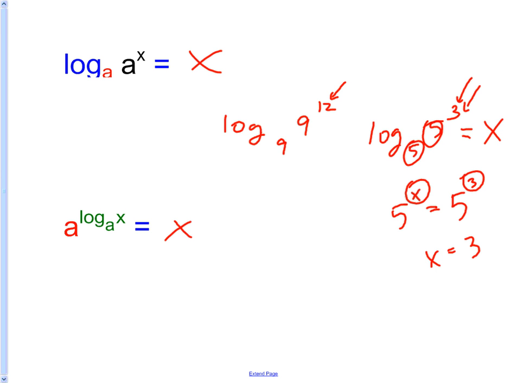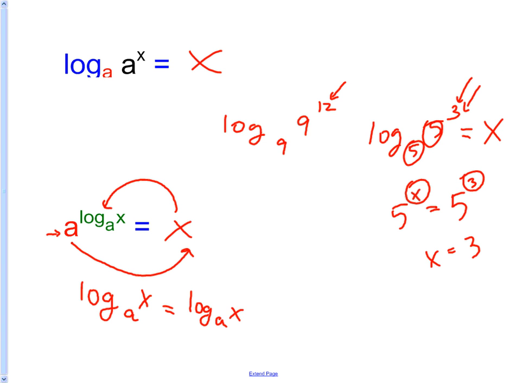And now, remember how you write a log from an exponential? You start by saying log base, and what's the base in this one? There's the base. Log base a of, and then you don't take this stuff right here, you go over here, of x is equal to, and then you go back over here, log base a of x.